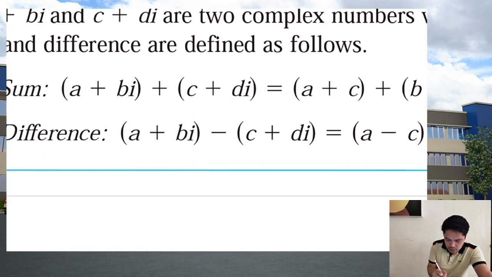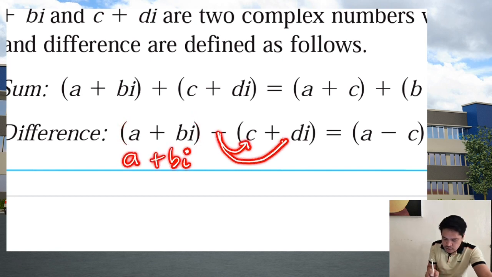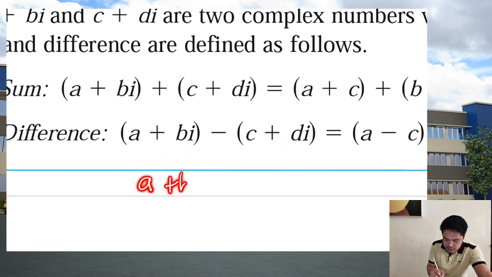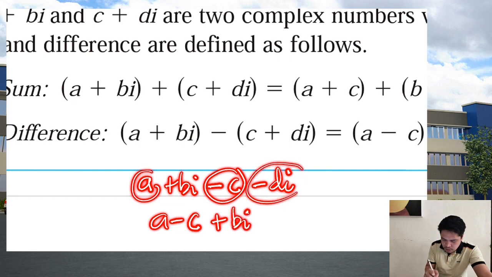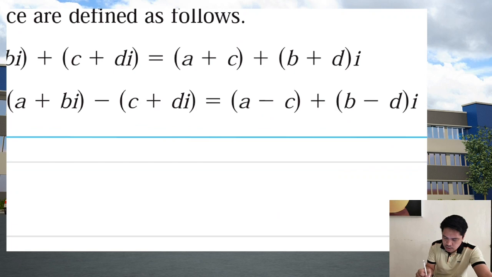If you take away the parentheses, you distribute the negative inside the parentheses. Let's repeat that: a plus bi minus c minus di. So this time, I'll combine these two, a minus c, plus bi combined with minus di. Then we factor out i, that would be this one.